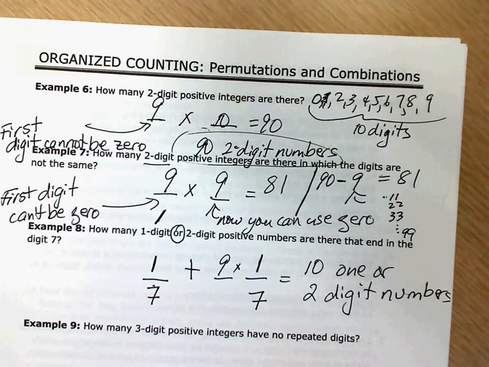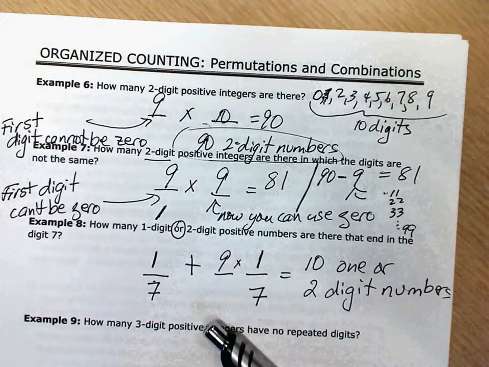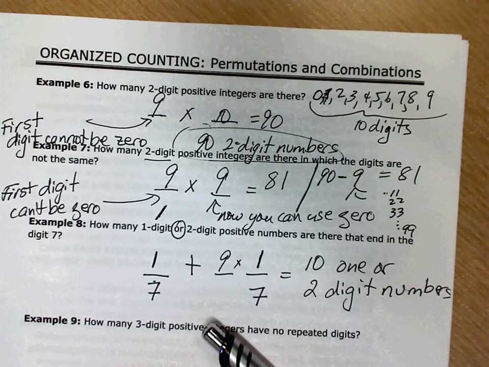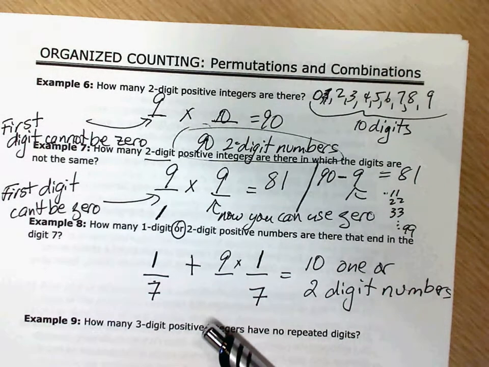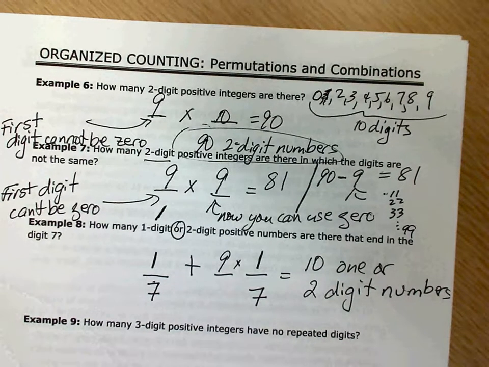How many three-digit positive integers have no repeated digits?